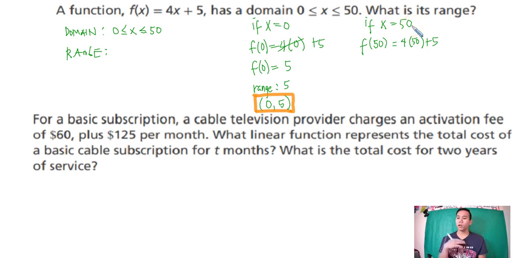So your f of 50 is equal to 200 plus 5, that's 205. So your range here will be 205. And the point is 50 and 205.